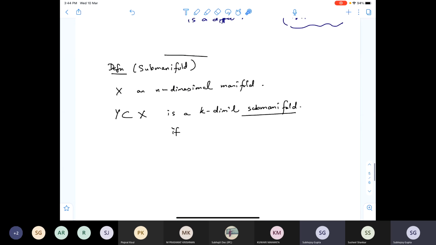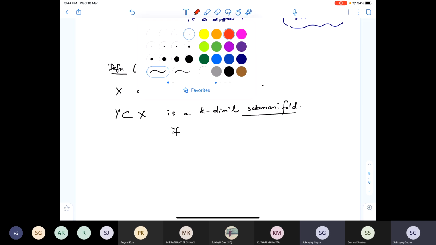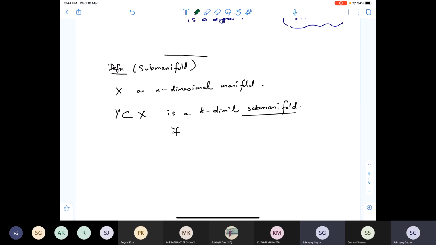So this is an example. This pre-image that we got was actually a submanifold of Rn. So what's a submanifold?